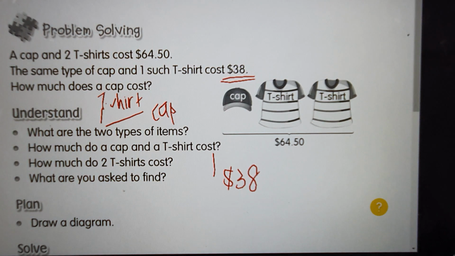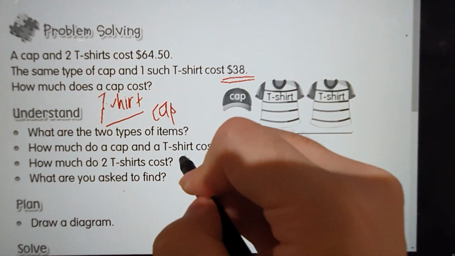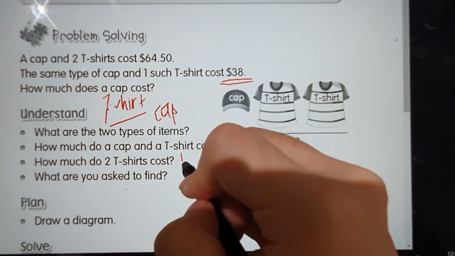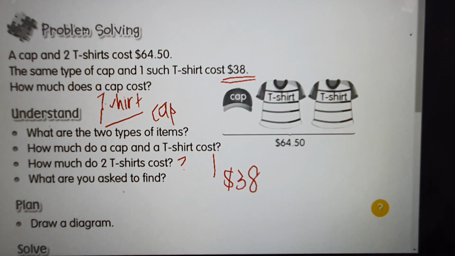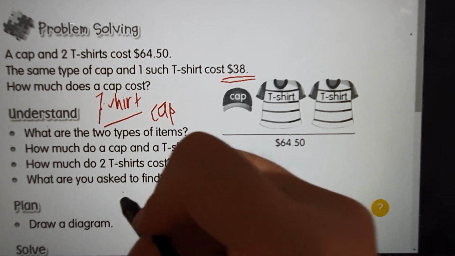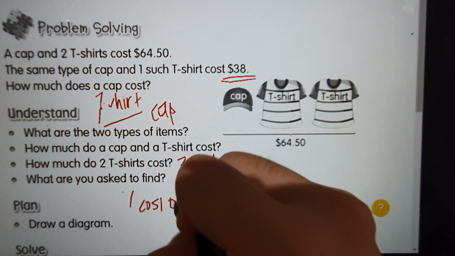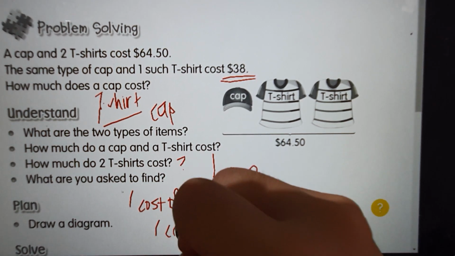You do not know it as well. You are not aware of the price of the two t-shirts, and you are asked to find the cost of one cap.